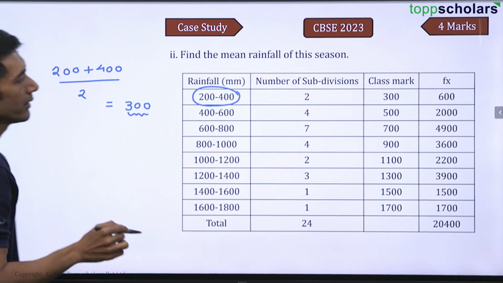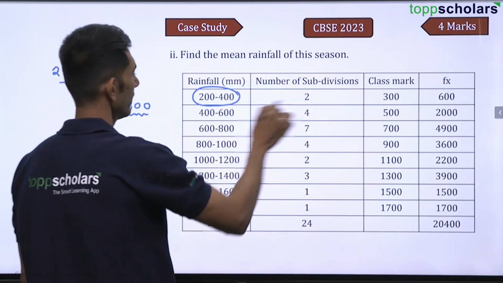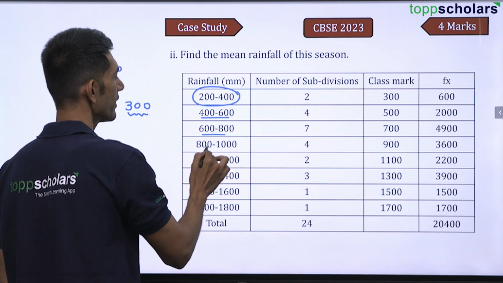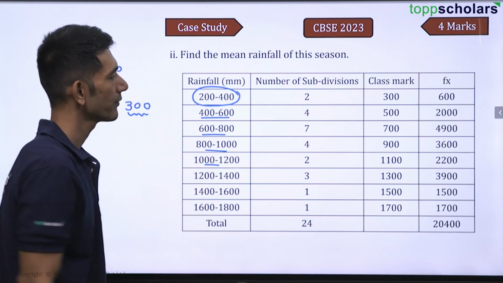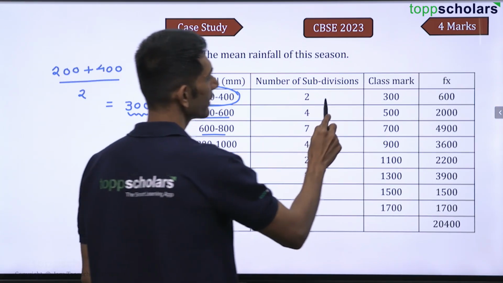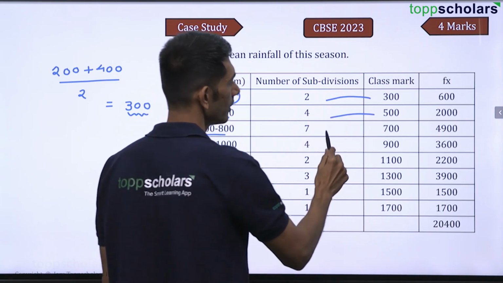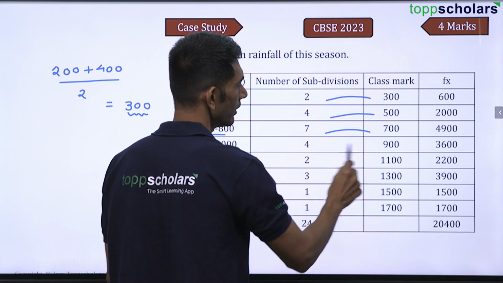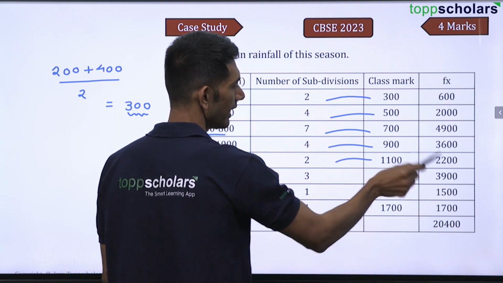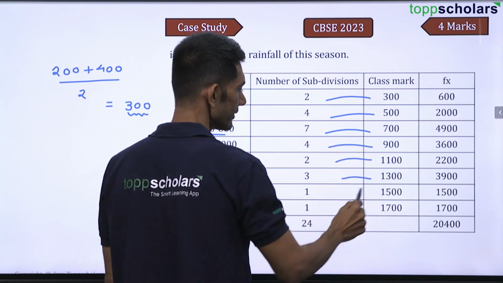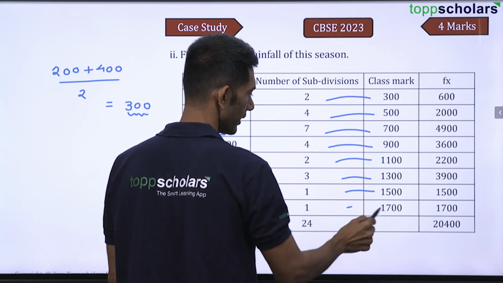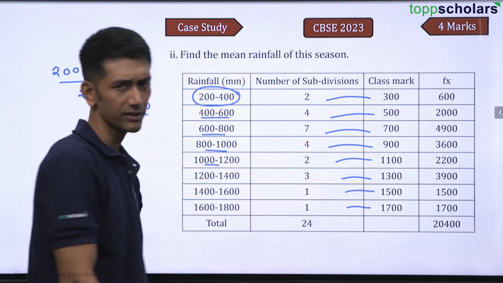So definitely class mark is 300. Then here 500, 700, 900 and so on. Then multiply fx. 2 into 300 is 600, 4 into 500 is 2000, 7 sevens are 49, 4 nines are 36, 11 twos are 22, 13 3s are 39, 15 ones are 15, 17 ones are 17, and then put the zeros accordingly.